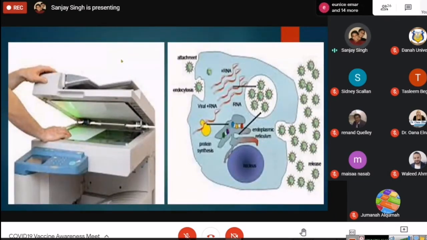After the virus has entered the human cell, what does it do? It hijacks the human cell. And just like the photocopy machine I'm sure you have in your school, it makes millions of copies of itself. Before the human cell dies, it produces millions of copies.